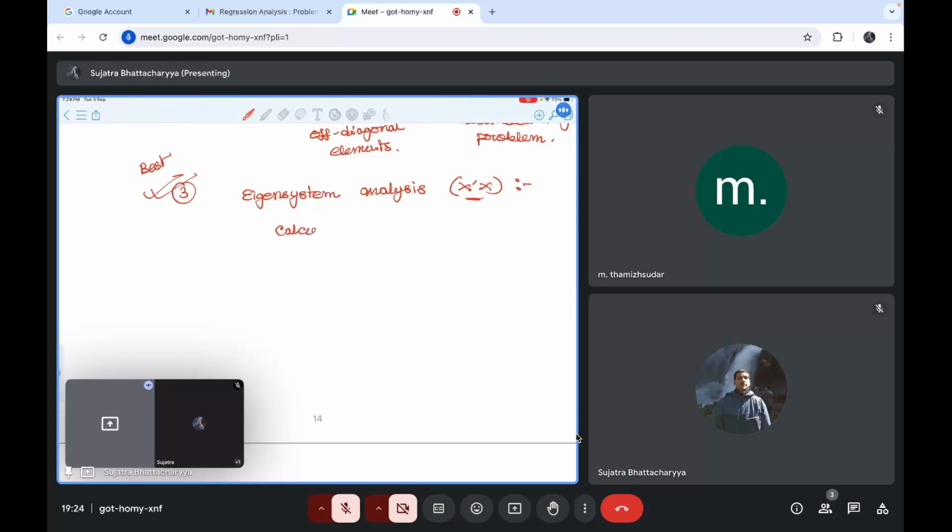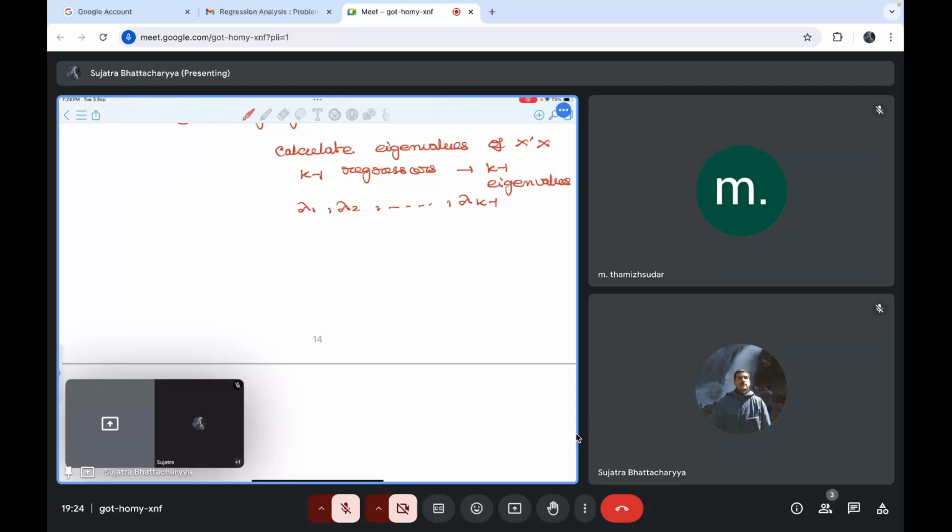First you have to calculate the eigenvalues of X prime X using the linear algebra technique. If there are k minus 1 regressors, we'll have k minus 1 eigenvalues, let those eigenvalues be lambda 1, lambda 2, and so on up to lambda k minus 1.